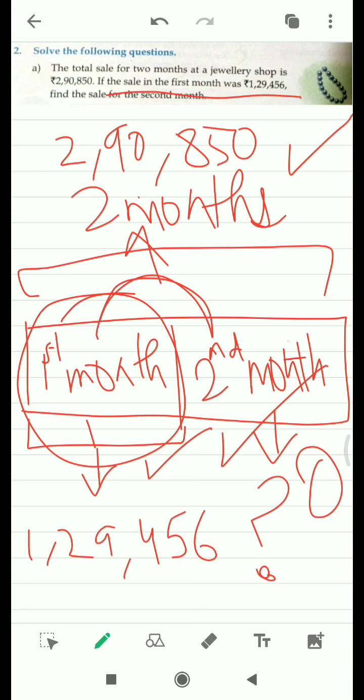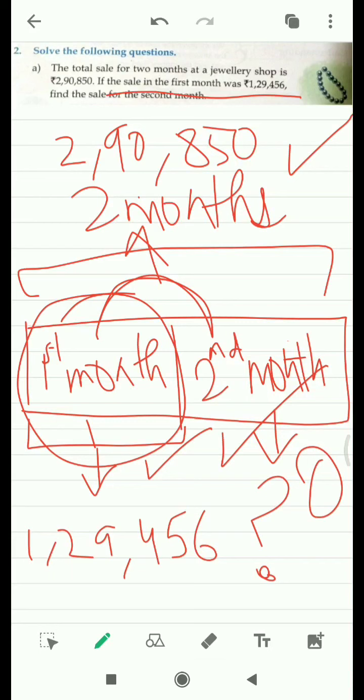They will subtract अपनी फर्स्ट मंथ की सेल्स, तो उन्हें जो मिलेगी बची हुई, that will be the sales for the second month, right? So this way it is very helpful for them or for us also, कि अगर out of the full we know one part, then it's very easy to find the other part by subtraction, right?